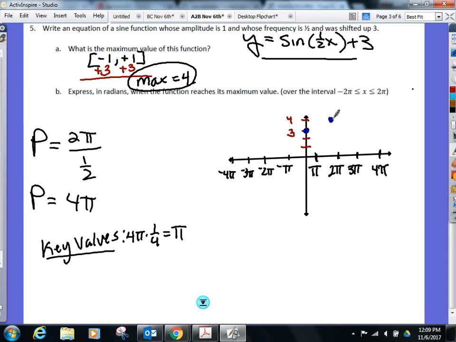You can stop there if you want because it only said to 2 pi, but I want to keep going. So think about the sine curve. It goes at 0, then it hits its maximum, then it goes where? Back down to 0. So in this case, that would be 3.